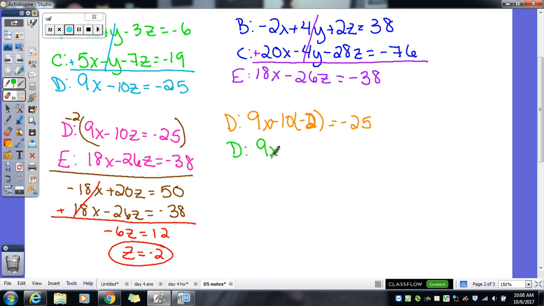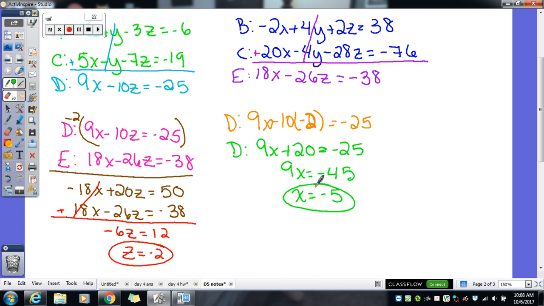So that gives me 9x plus 20 equals negative 25. Subtract our 20 over, and we would get negative 45. So what does our x equal? Negative 5. Yeah.